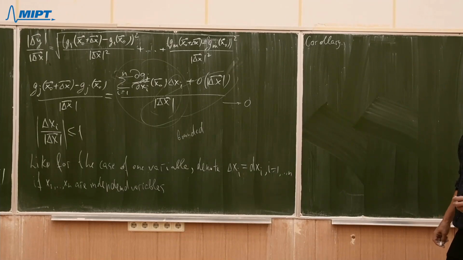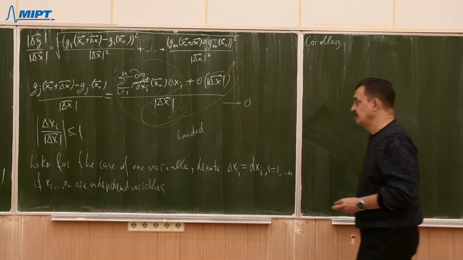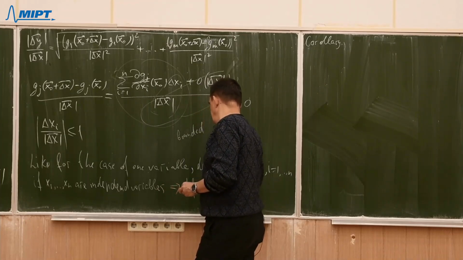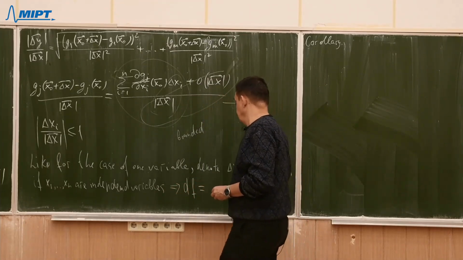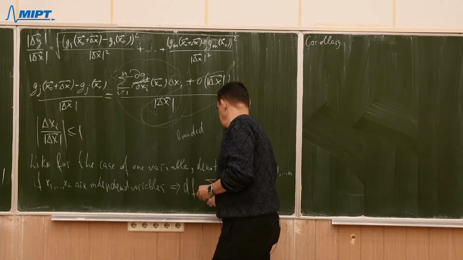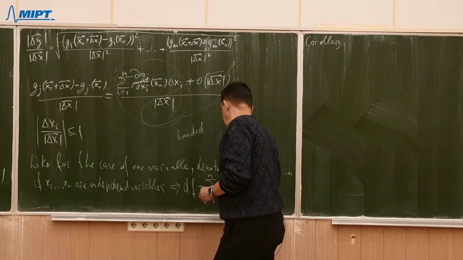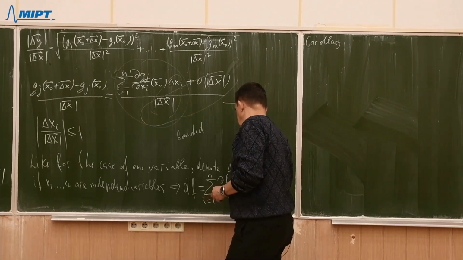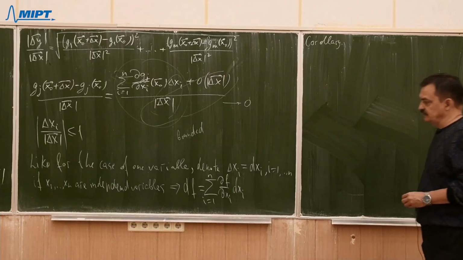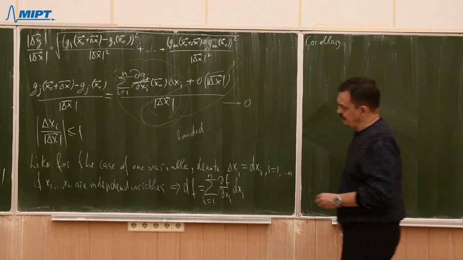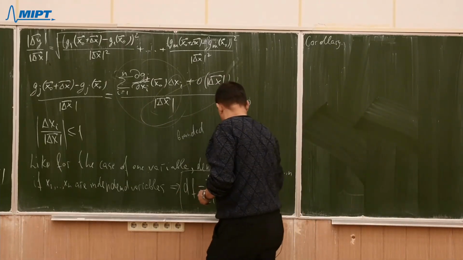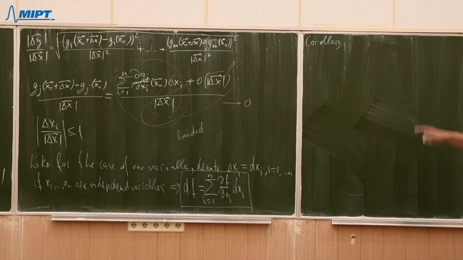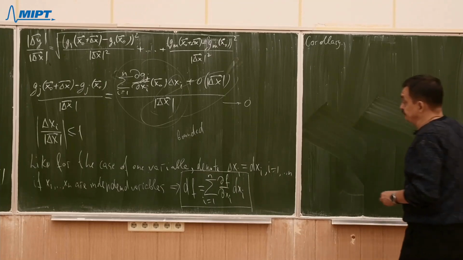Now I'll do the same for several variables. And then the differential of the function f, if it is differentiable, can be written as the sum, i from 1 up to n, of the partial derivative times dxi. So that is the standard formula for the first differential. Now let me formulate the corollary.